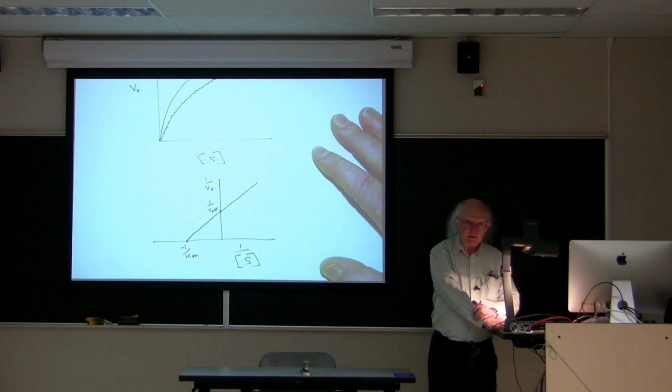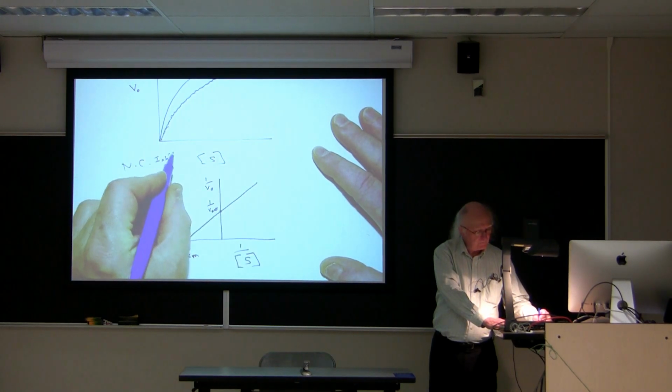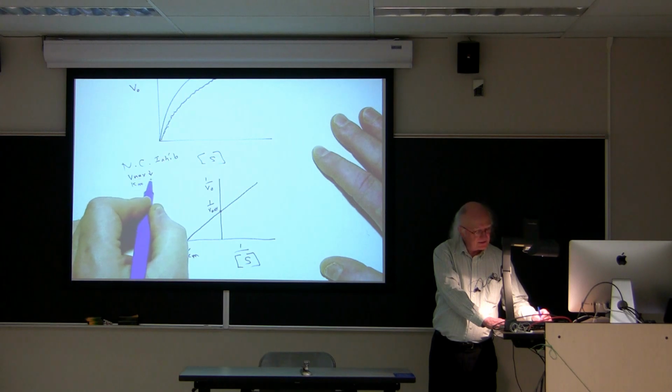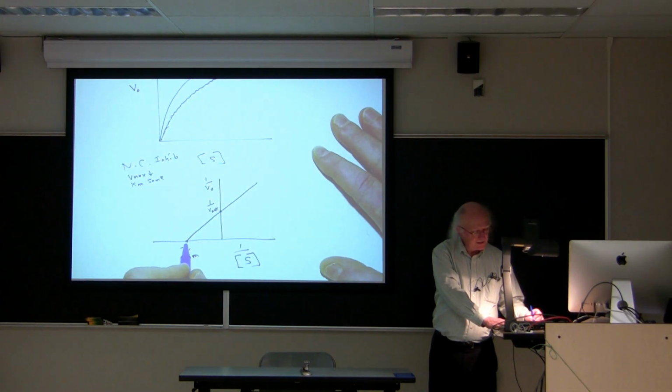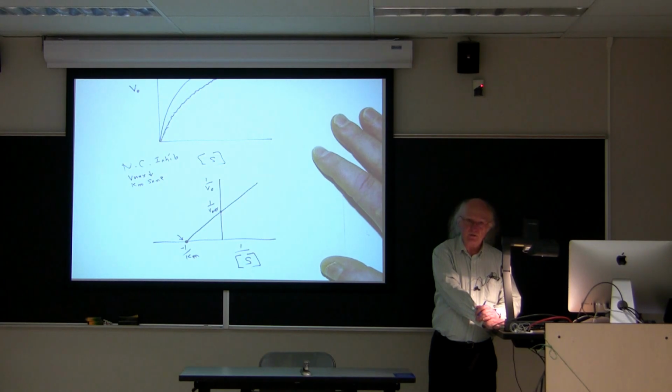Now for the inhibited reaction, we know that non-competitive inhibition has Vmax decreased, Km is the same. So we know then that one of the points of the inhibited reaction is going to be right there. It's going to be the same for both because the Km is unchanged.